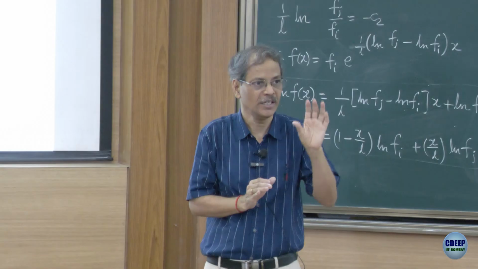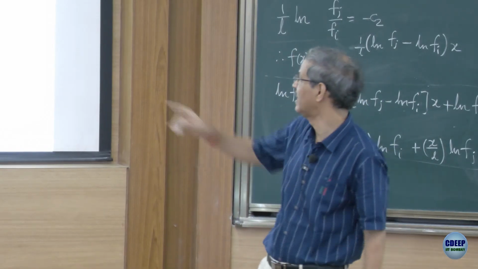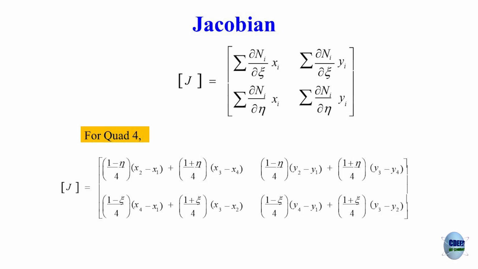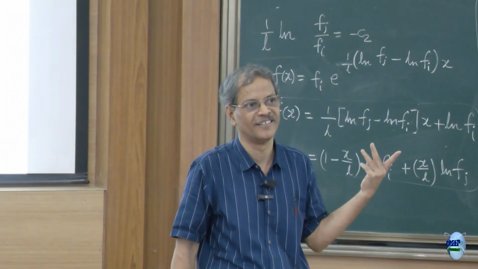It depends on the shape functions N, because their derivative is what is there in that 2 by 2 matrix. It depends on the nodal coordinates x1, x2, x3, x4, y1, y2, y3, y4. Once you have defined 4 nodes, the shape functions are fixed. We have just now derived them.